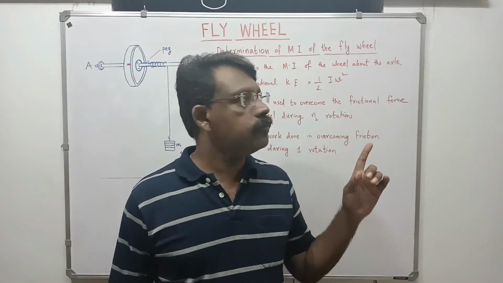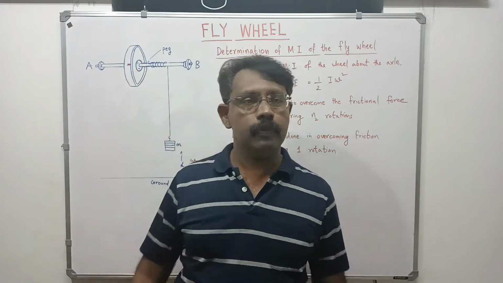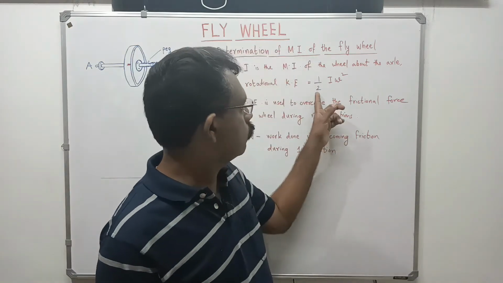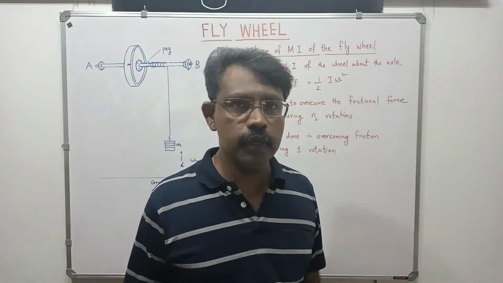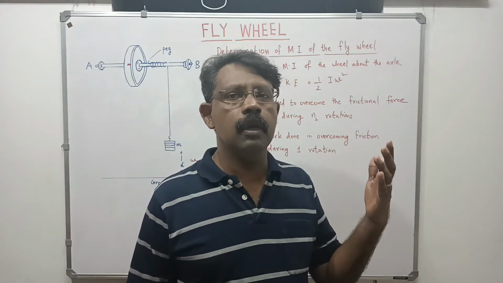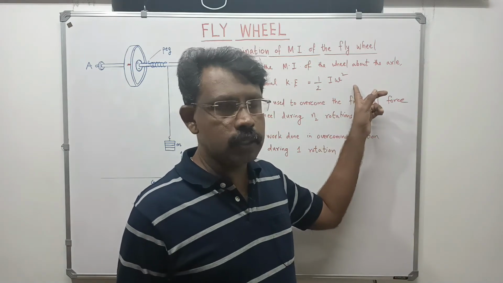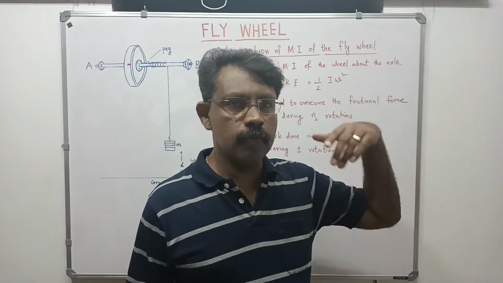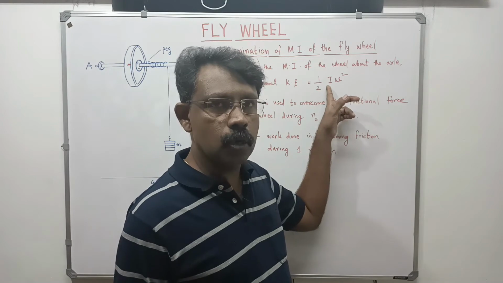Now if I is the moment of inertia of the flywheel about this axle, I can write the rotational kinetic energy as half I omega squared. This we have already seen, because we know that the expression for linear kinetic energy is half mv squared. So in rotational motion, instead of m we have the moment of inertia I, and instead of v we have angular velocity omega.